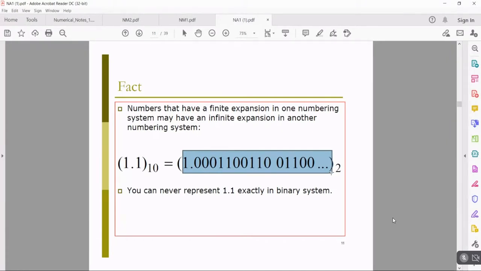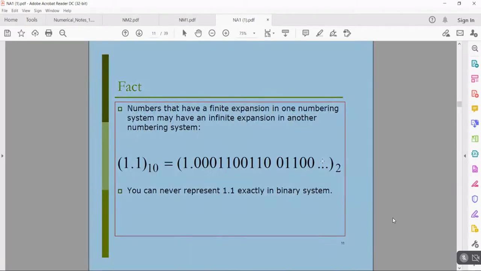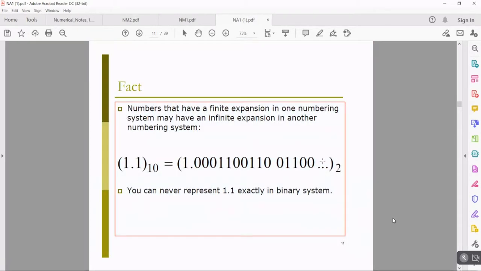So we have to truncate somewhere to write 1.1 in decimal as its equivalent binary. You can truncate here, or you can take 100 digits after the decimal point and then truncate, but you have to truncate because this process goes on indefinitely. So it means we have to do some approximations.